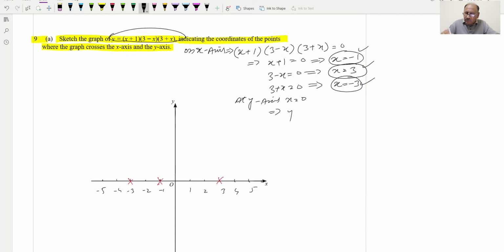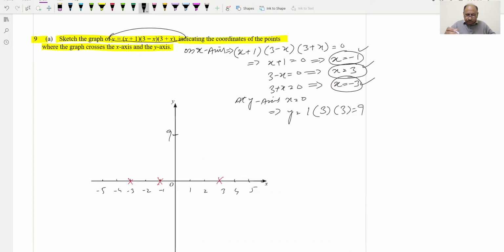So this will be equal to 9. Roughly we can take it here as 9. So this is the 9 value which we have taken over here.